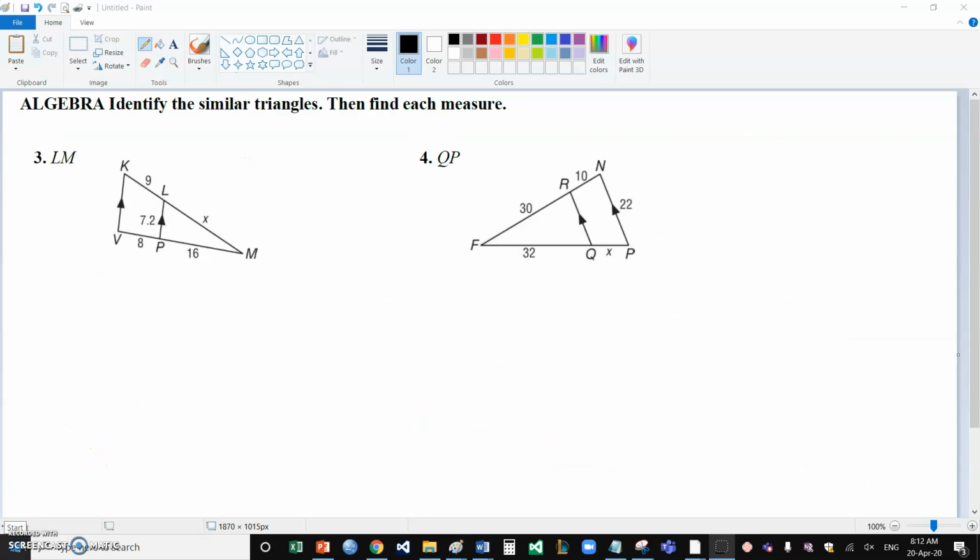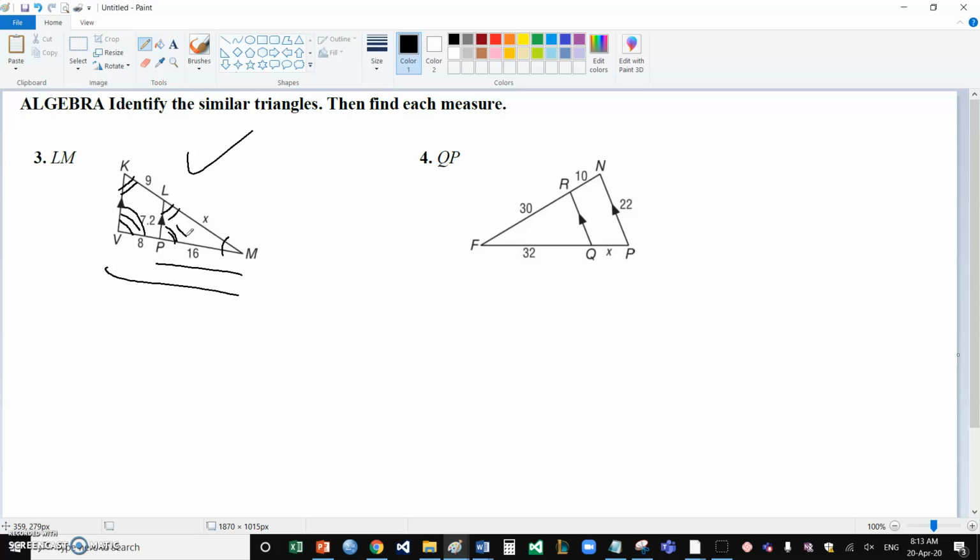Alright, identify the similar triangles, then find each measure. Now in the first example here, this angle is common between the two triangles, the small one and the large one. Because we have two parallel sides, these two angles are congruent and these angles are congruent.